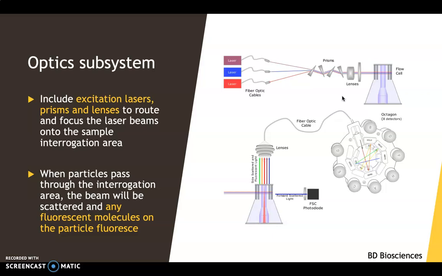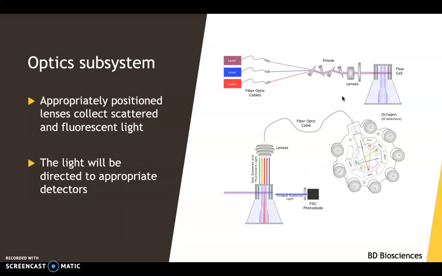So when a particle passes through the interrogation area, the beam will be scattered and any fluorescent molecules on the particle will fluoresce. And the next bit in the optic subsystem is that the lenses on the other side will collect the scattered and fluorescent light, and the light will be directed to appropriate detectors.